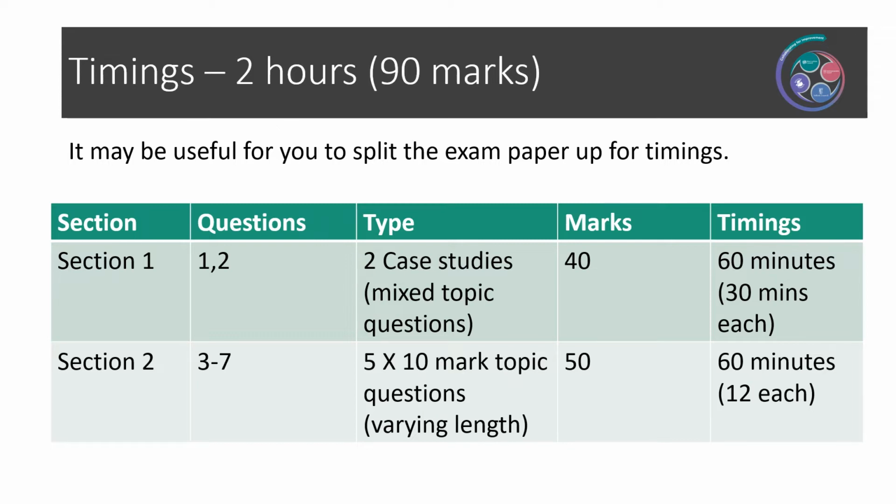Now, just depending on your strengths, it might be that you spend a little bit longer on some questions and less on others. So I would use this as just an approximate time, so you're not running out of time at the end. Talking about timings, you should aim to be using the full 2 hours. If you're sitting there early, it indicates that you have got more to write. And what you can always do is go back and add in to your answers.